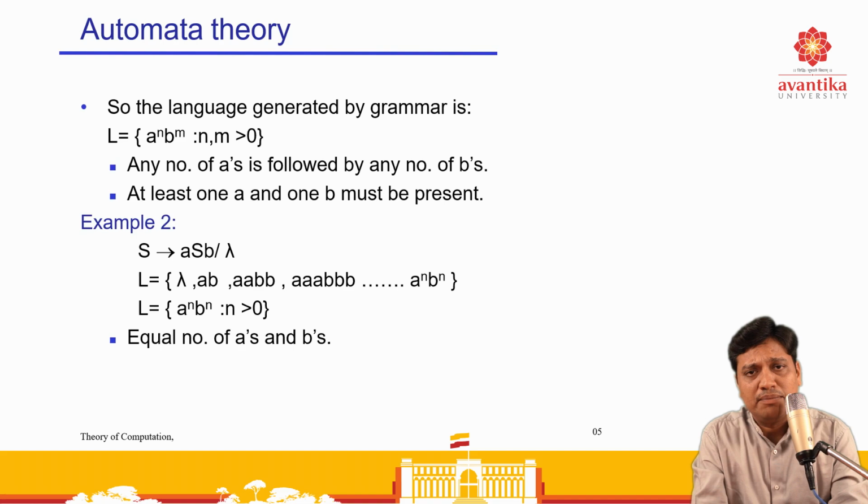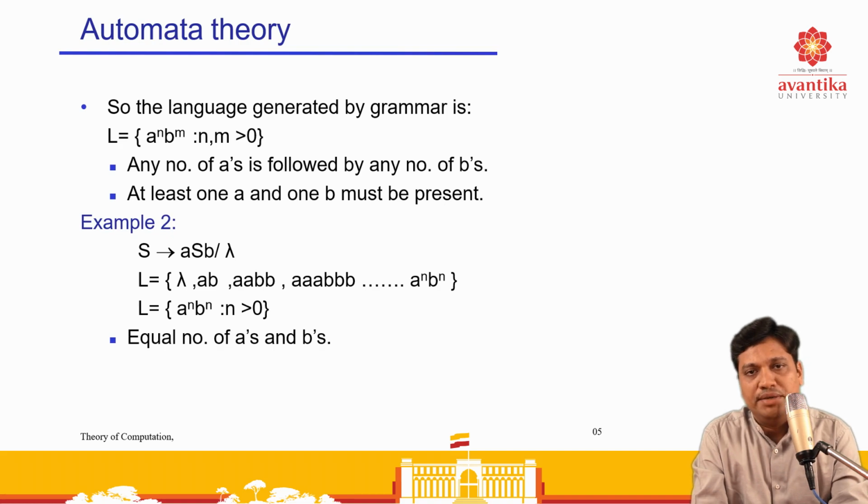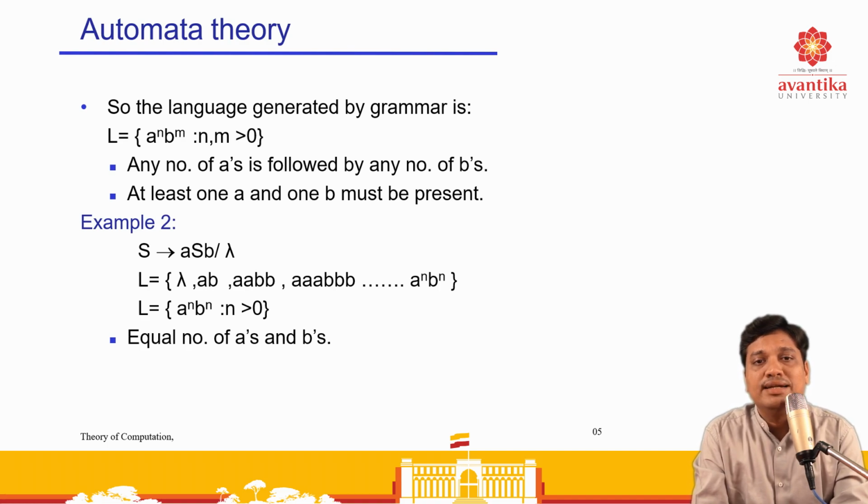Taking another example, example number 2: S tends to ASB, and here we consider the special terminal lambda. After generating strings we define the language, since the language is a part of the grammar. We obtain the string lambda.